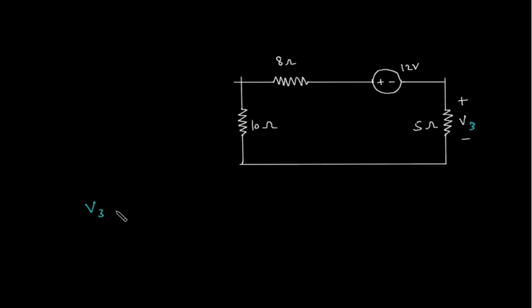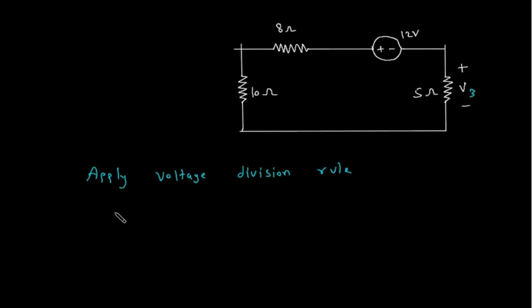So V3 is equal to, here we will apply voltage division rule. So V3 is equal to this voltage.